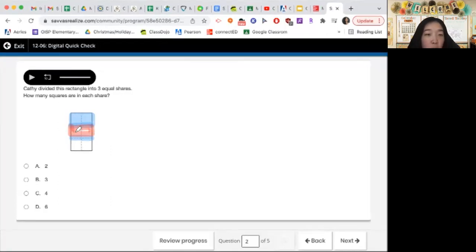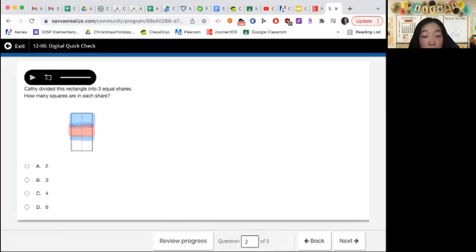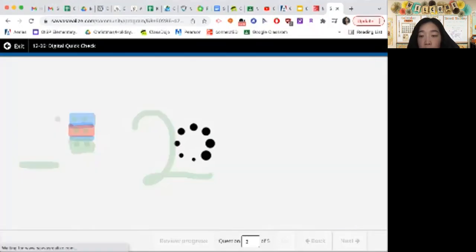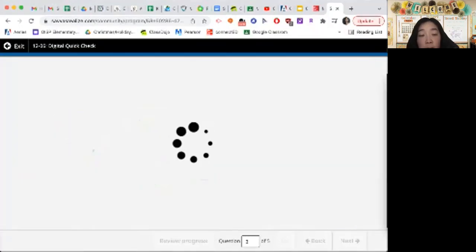She cuts it into 3 equal pieces, sharing with herself and 2 other friends. So how many squares does each person get? 2. Each person gets 2 pieces. 1, 2, 1, 2, 1, 2. So your best answer is A. Keep yourself muted after you share.